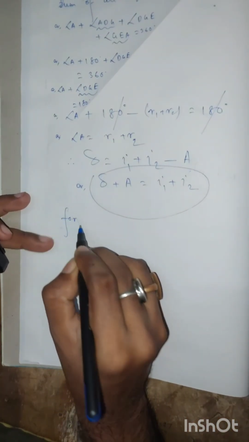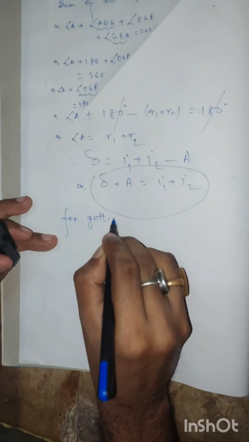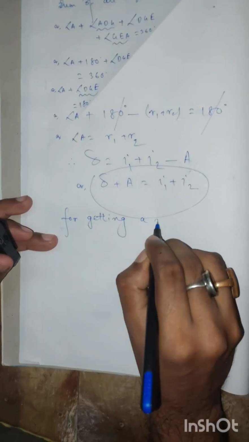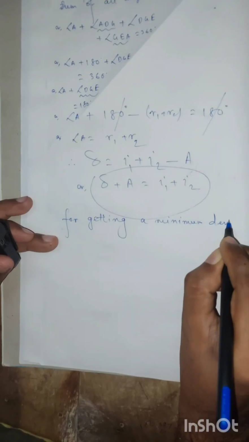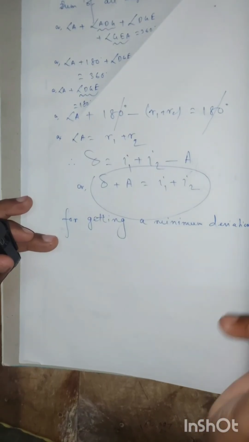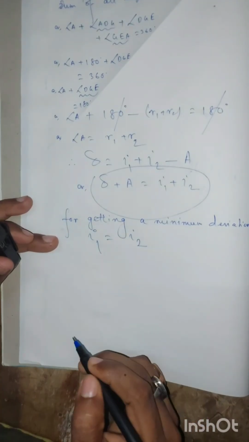For getting a minimum deviation, I1 should be equal to I2.